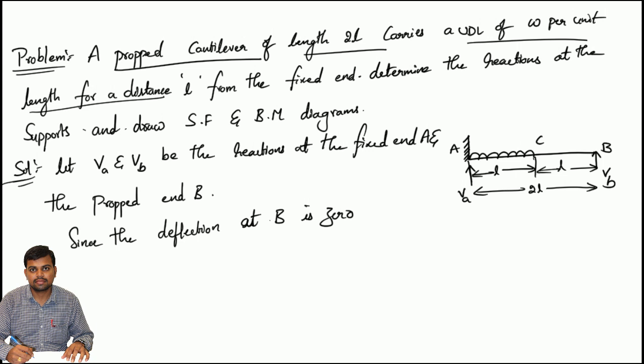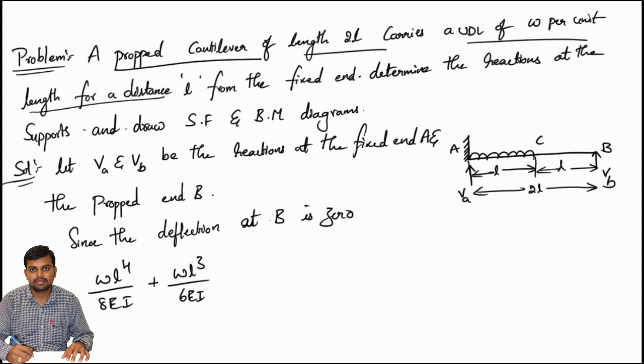Whereas here the UDL is not complete throughout the span, so it is only on half of the span and the other half is free. So I am writing it as WL power 4 by 8EI plus WL cube by 6EI.